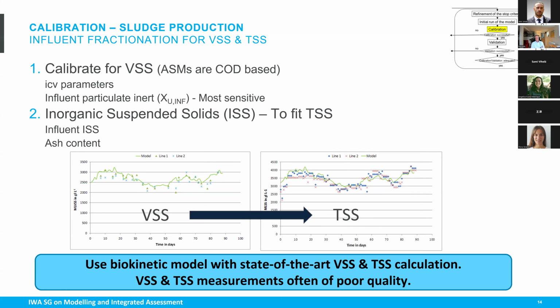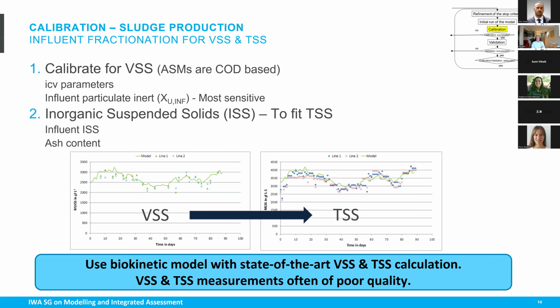Keep in mind, VSS, TSS measurements are often of poor quality. So that makes it not an easy task. So again, the ASM type models are based on COD, but your target variable is TSS. So that means you have to also understand that part of the model.